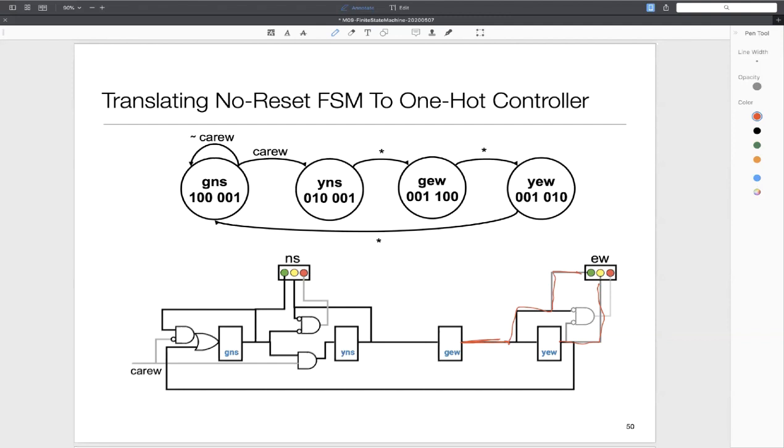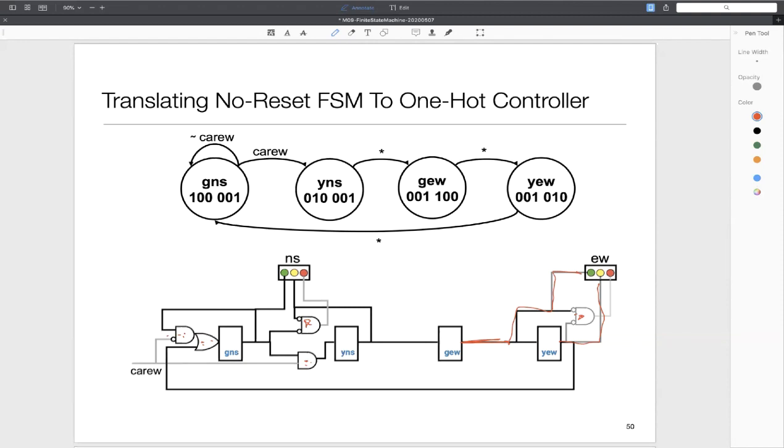So the output hardware is very easy also. And in this particular case, these two NAND gates, these two NOR gates, really, correspond to my output logic. And the gates out here, the AND gate and this AND-OR kind of structure, form my next state logic.